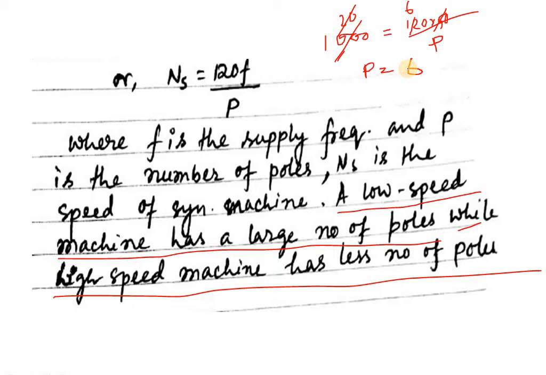Now, if our RPM is 3000, what will be the number of poles? Similarly, 120, frequency 50, divided by 3000.